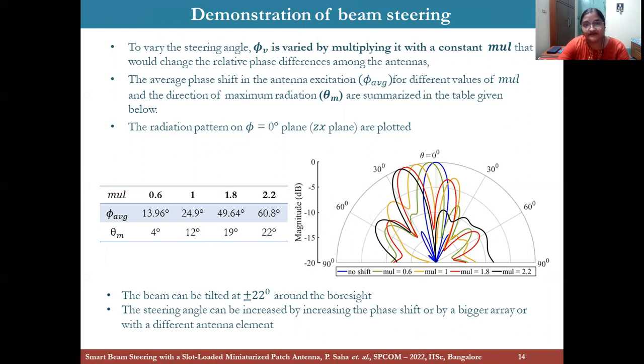The phase shift vector phi v is multiplied by a constant MUL that would change the relative phase difference among the antennas. The average phase shift in antenna excitation for different values of MUL and the direction of maximum radiation are summarized in the table given below.